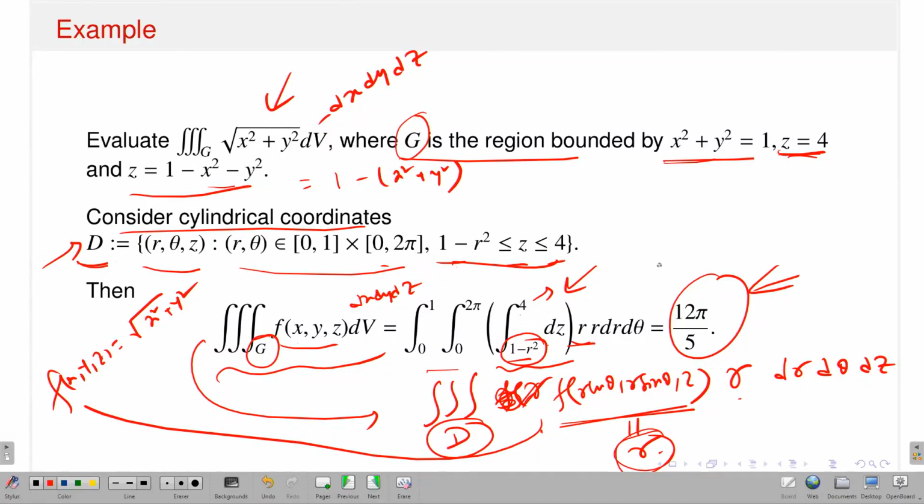Instead of Cartesian, if I change to the cylindrical or spherical coordinate system, would it be easy to calculate? The answer is, this time it will be very easy, and this is the corresponding change of variable formula. If you perform the integration you will have 12 pi by 5, which is the triple integral you wanted to calculate. So this is an application of the change of variable formula.